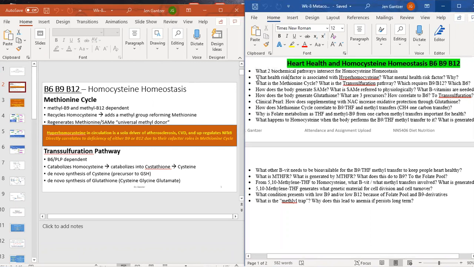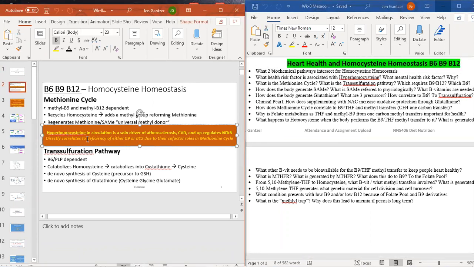What is the health risk associated with hyperhomocysteine? If you have a poor methionine cycle because of deficient B9 and or B12, you are going to have hyperhomocysteine. A normal individual has normal basal levels of homocysteine because they have a sufficient B9 and B12 methionine cycle.